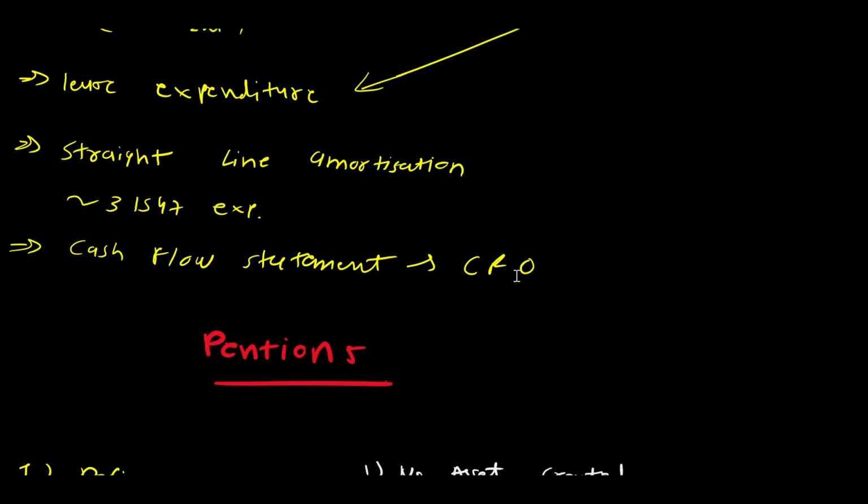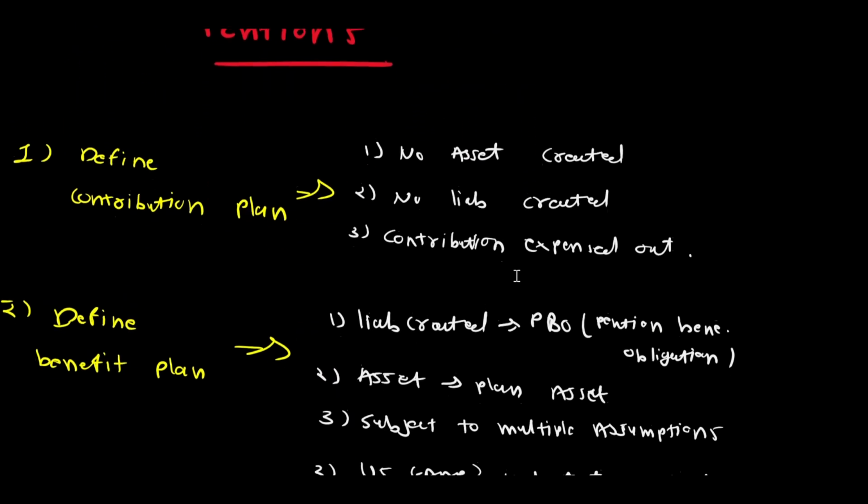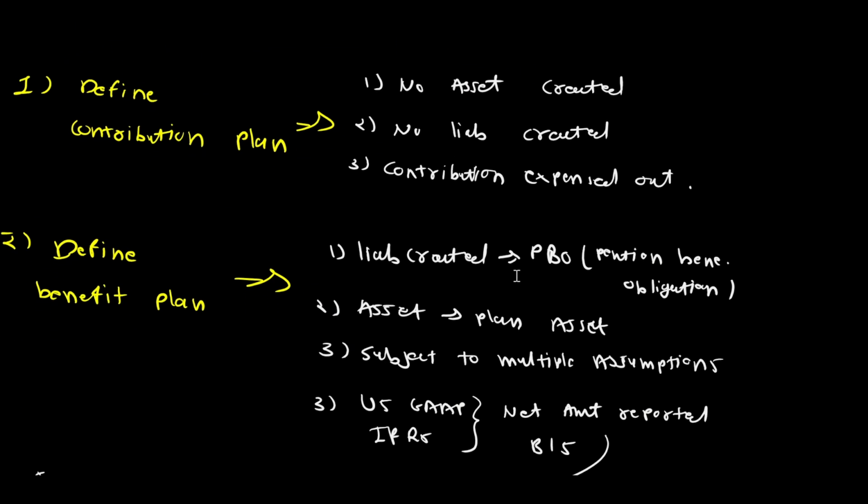Then comes the pension. There are two types of pension: defined contribution plan and defined benefit plan. Defined contribution plan is easy. There is no asset created, there is no liability created, and contribution expenses are expensed out.